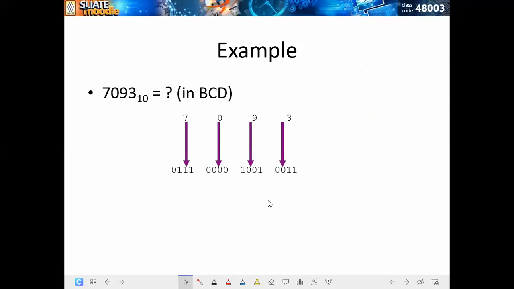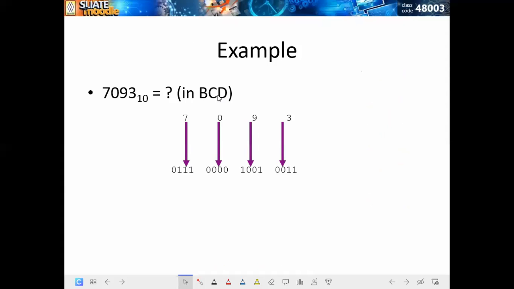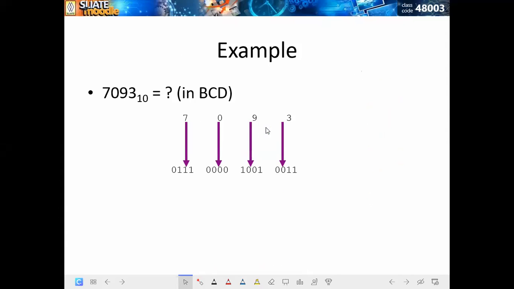Then this is the way you have to write a BCD, right? So just forget these things, the zones. At this moment, you don't need the zone. If you are asked to write a BCD for a given decimal value, you have to refer to this chart and you can write. The value given is 7093.